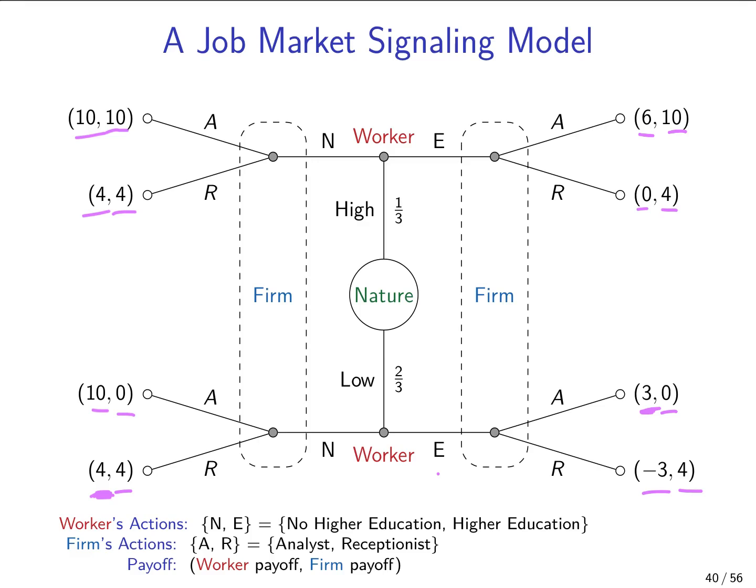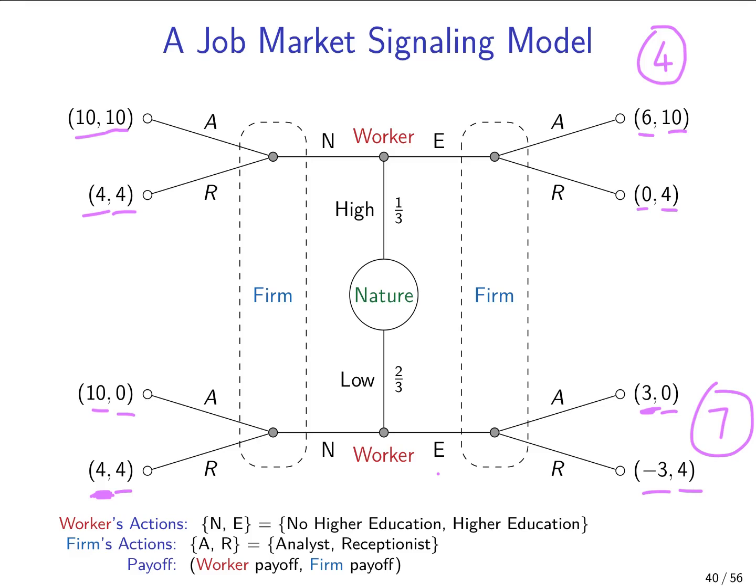So for the high type the education cost is 4, and for the low type the education cost is 7. Right. So two things: the signal is going to be costly, but it's more costly for the low type. Right.